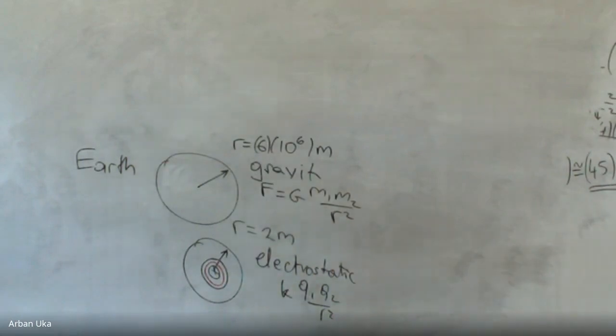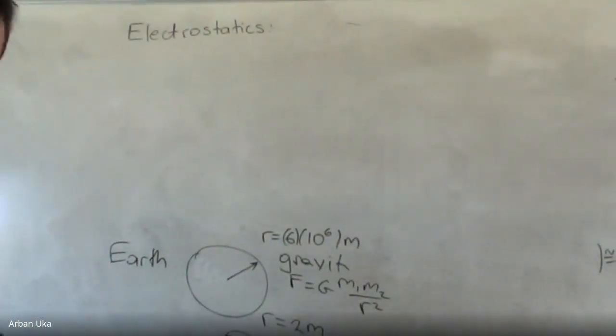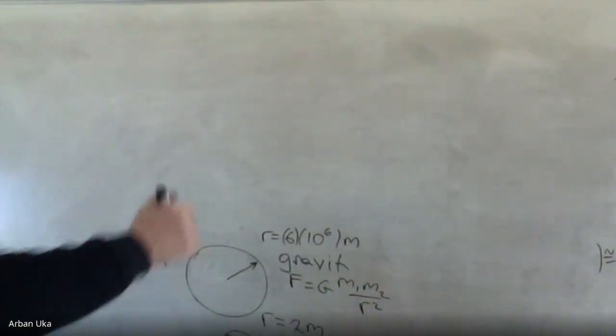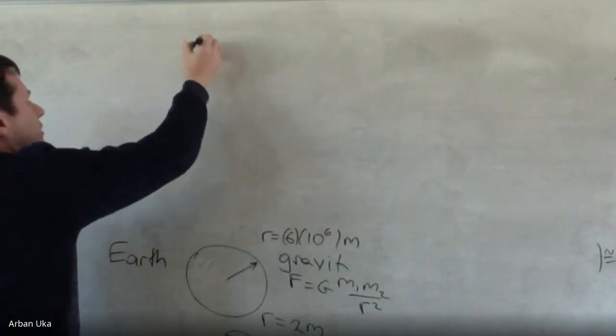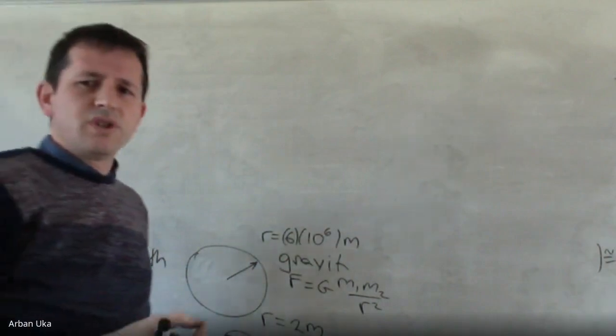But now this is how we pose the question, and the solution looks something like this. We have this force, and not this force. So we use the same idea, like we bring one charge from infinity.